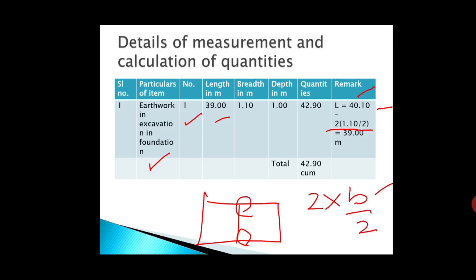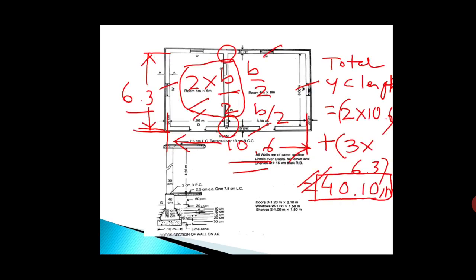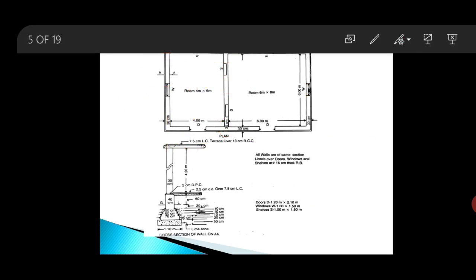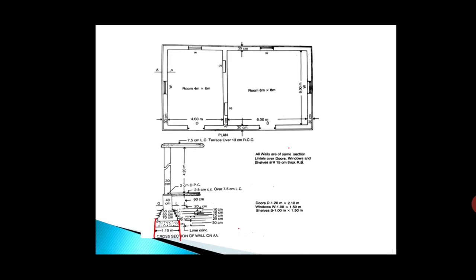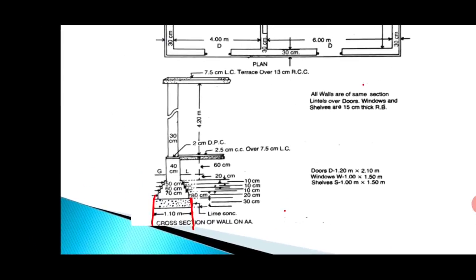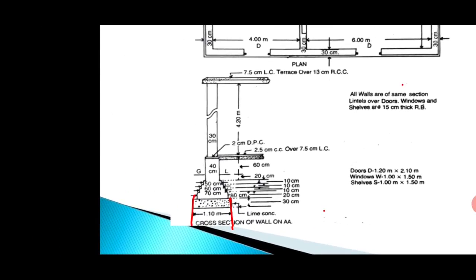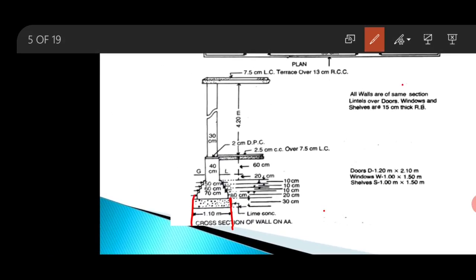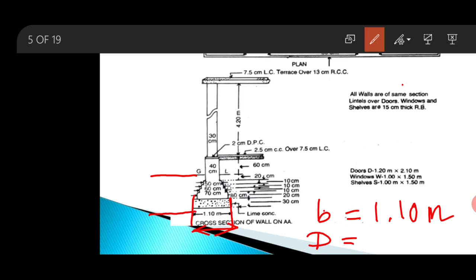So what is the width of our excavation? You can see the width of excavation is equal to the width of the cement concrete work in foundation. That means here our width is this one. So for excavation work the width is 1.10 and the depth is from the ground level up to the bottom of the foundation.